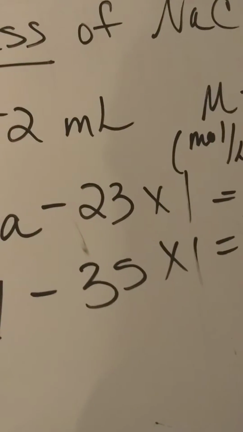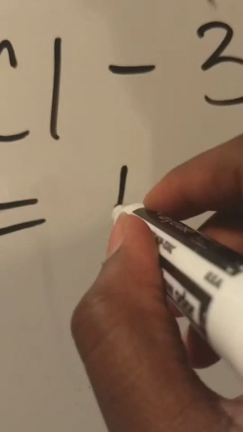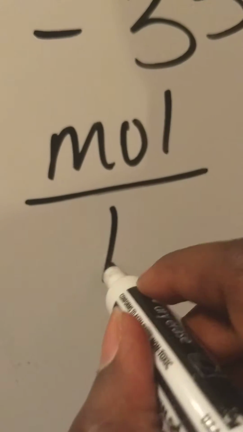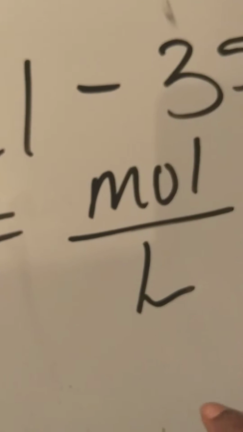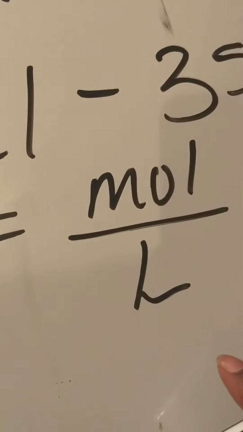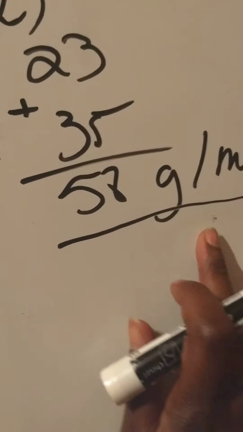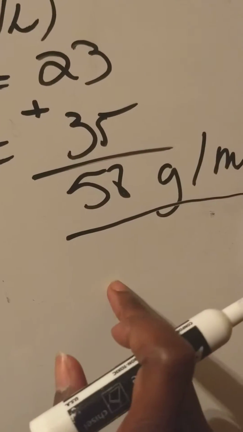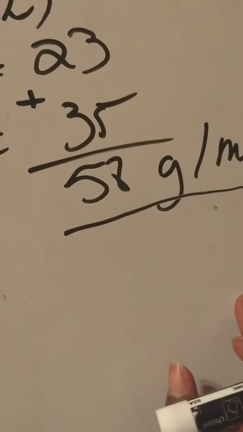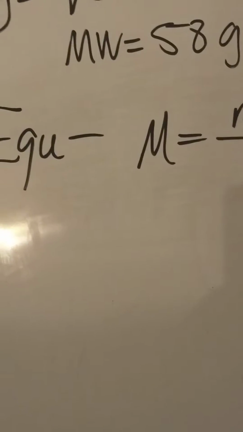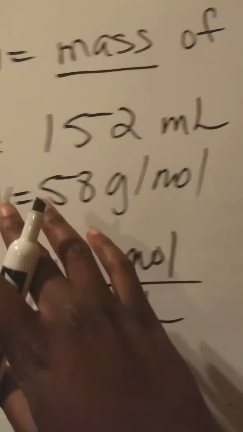Okay, so now that we have that, we have the information that we need for our initial equation, which is molarity equals moles over liters. And we have our units for the conversion table that we'll need to change the moles into grams. Now we can start to solve our equation by plugging in the information that was given to us.